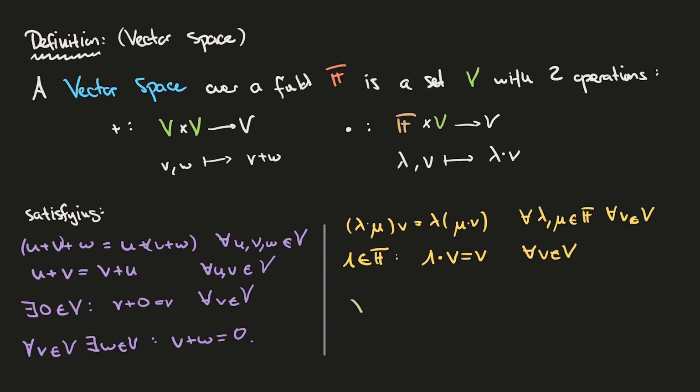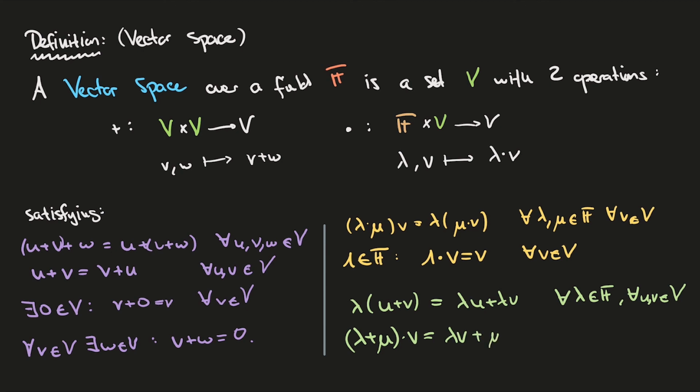So we want that lambda times (u + v) is equal to lambda u plus lambda v, and this is for all lambda in F and for all u and v in the set V. And then there's another way that we could have distributivity, namely if we first add two elements in F, so (lambda + mu) times v should be equal to lambda v plus mu v. And this is again for all lambda and mu in F and for all v in the set V.